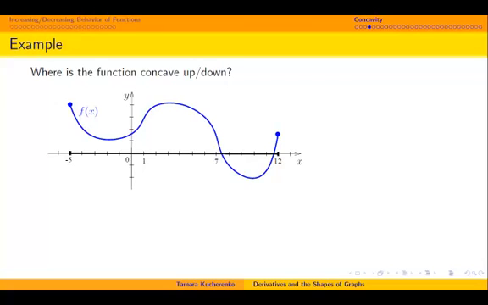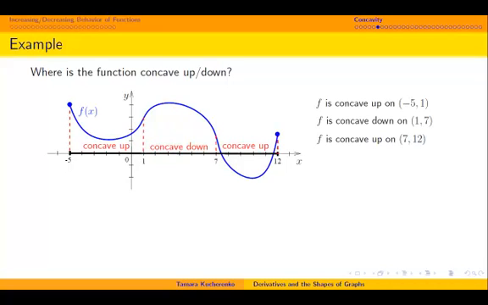The graph bends upwards on the intervals negative 5, 1 and 7, 12. The graph bends downwards on the interval 1, 7. Therefore, the function is concave up on negative 5, 1, concave down on 1, 7, and concave up again on 7, 12.